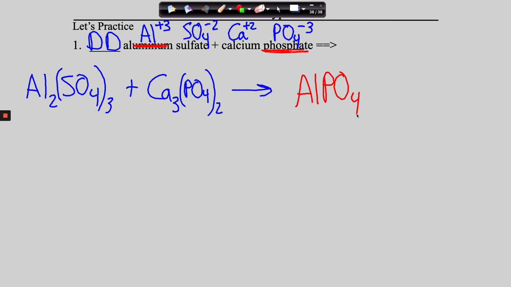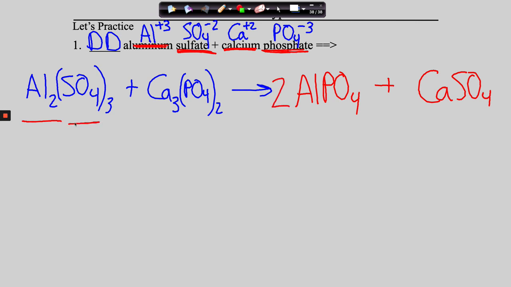And now guys, the other rearranging of partners. Calcium is +2 and sulfate is -2. You only need 1 of each, so your other product is Ca, 1 calcium, and SO4, 1 sulfate. Now guys, all we got to do is balance it. We've got 2 aluminums, so we need 2 aluminums.